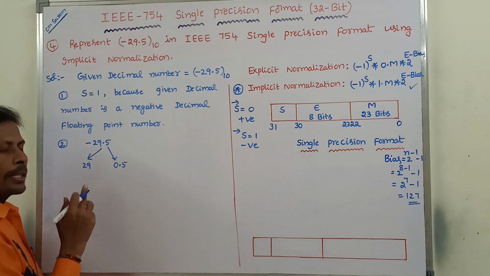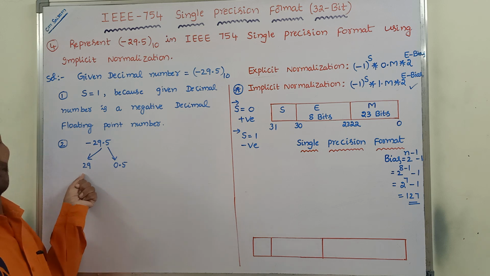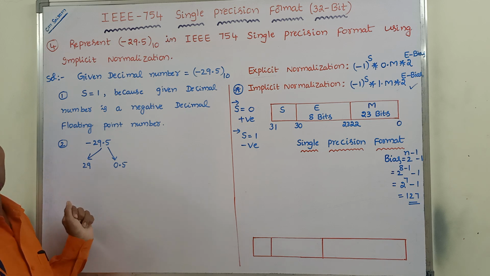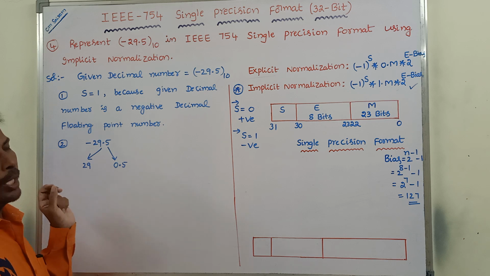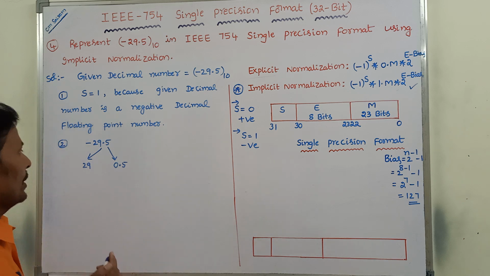The integer part can be converted into the equivalent binary number by successively dividing the given number by 2 until the quotient value is equal to 0. Once we get the quotient value 0, you have to write the remainders from bottom to top.